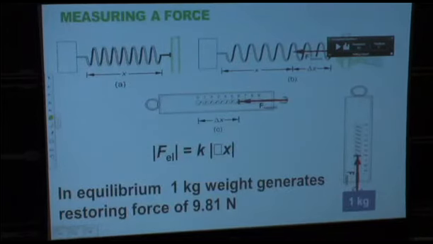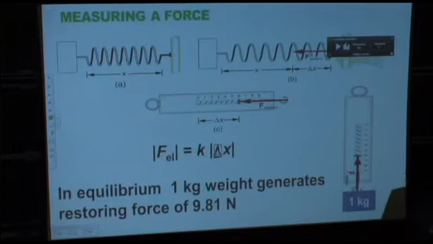Elastic force. Again, what's good about it? We can use elastic force to actually measure forces because of this relationship. Again, that's what happens if you prepare PowerPoint on Mac and use Windows. That's delta.